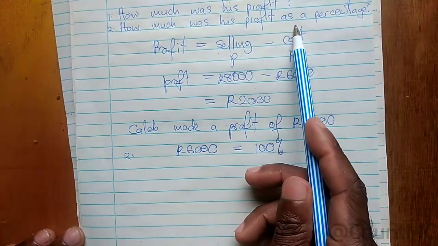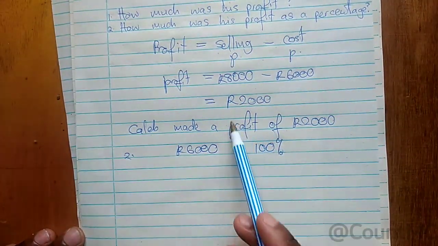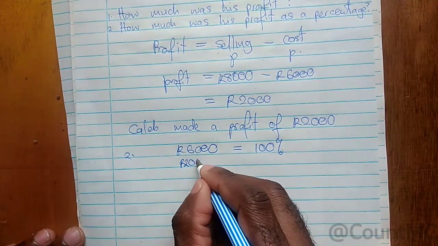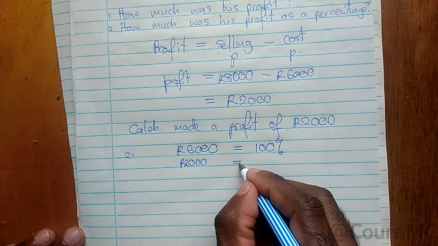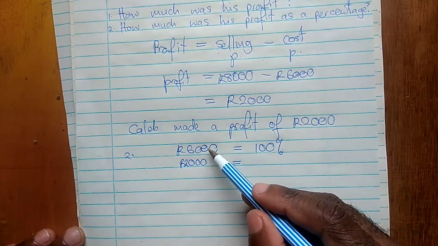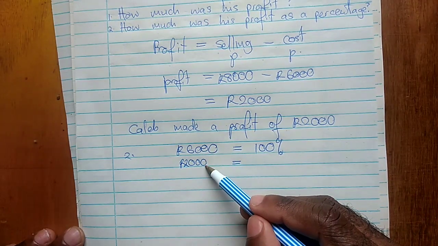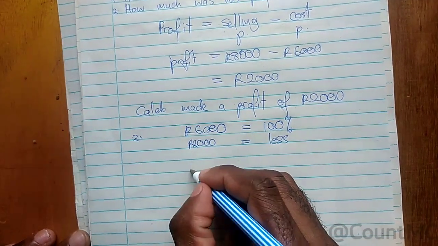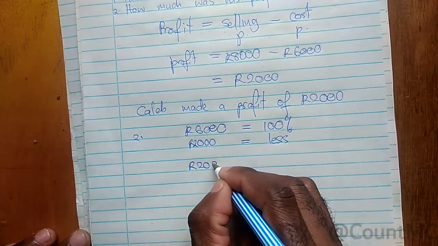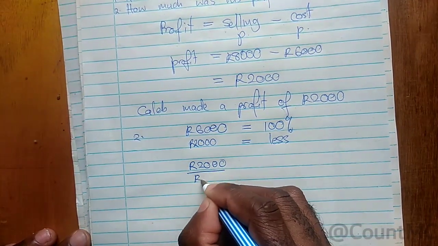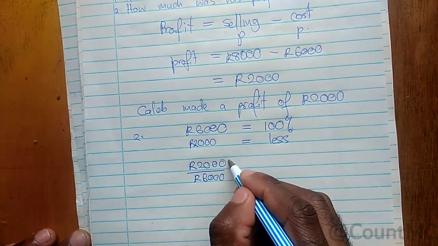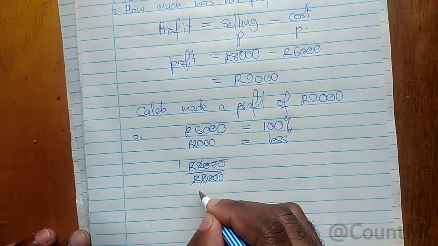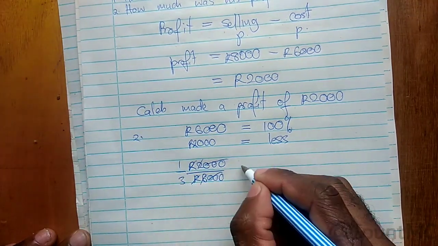How much was his profit as a percentage? We have the profit, it's 2,000, and we want to see how much it is as a percentage. Compare 6,000 and 2,000. 2,000 is less as a direct proportion. So 2,000 over 6,000. 2 into 2 is 1, 2 into 6 is 3.